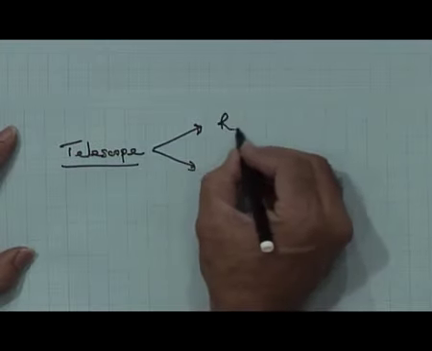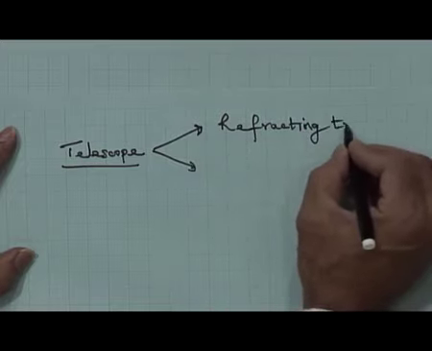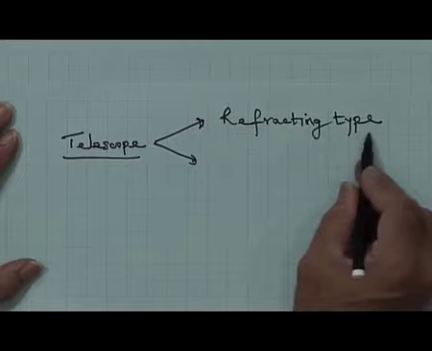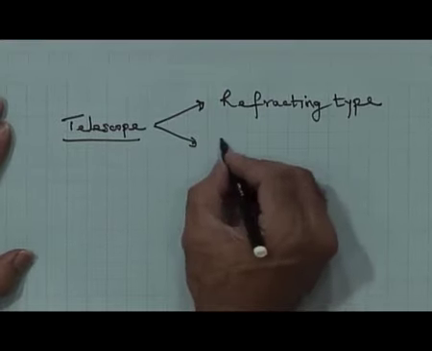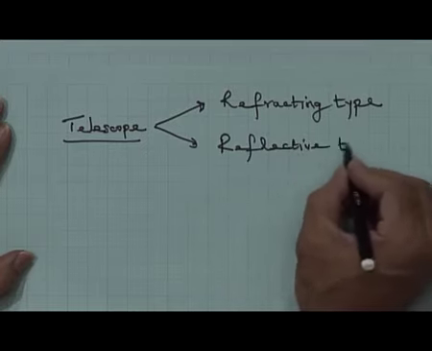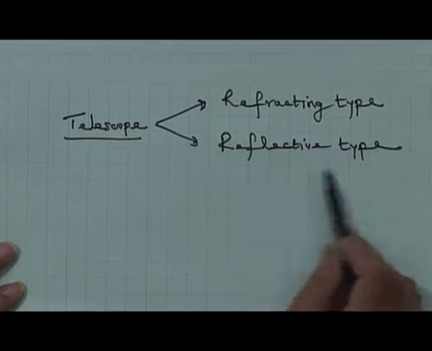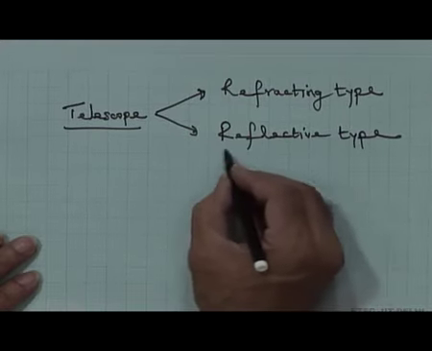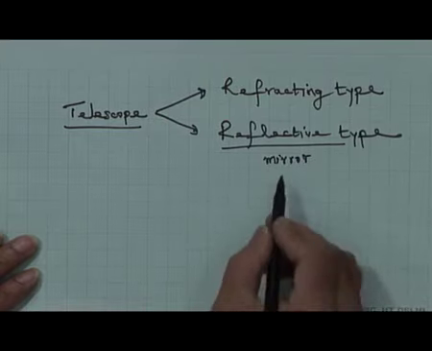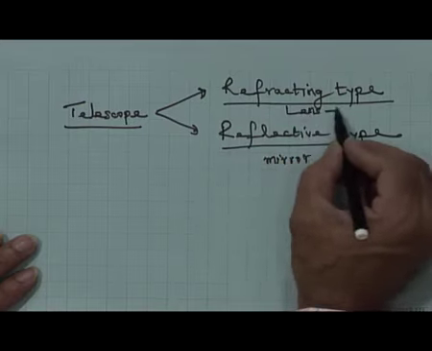This is the refracting type, which uses a lens, an objective which is a biconvex lens, whereas it could be reflective type, where the first image, the real inverted image, is formed by a mirror, usually a concave mirror, and this uses a lens as the objective.